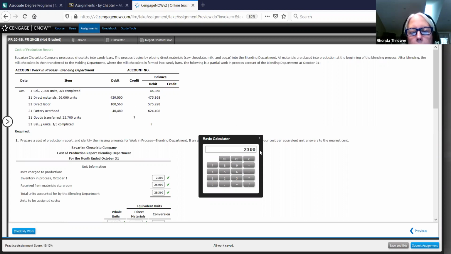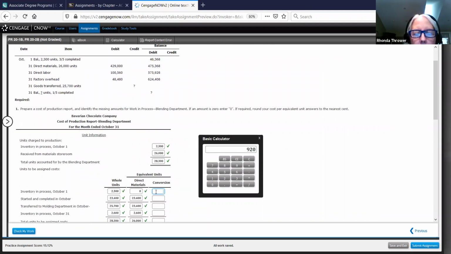So 2,300 would be multiplied by 2 and divided by 5 to get the number of units that is the equivalent units for conversion, that is the part of our beginning inventory that we need to finish with respect to conversion this month.